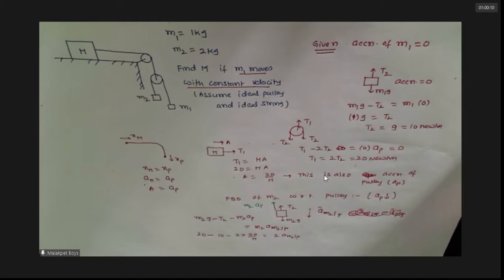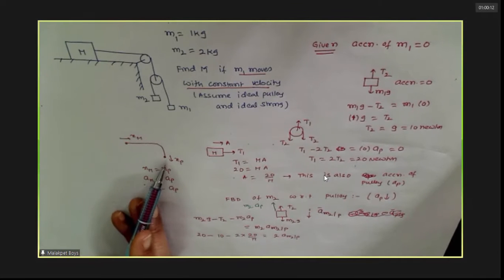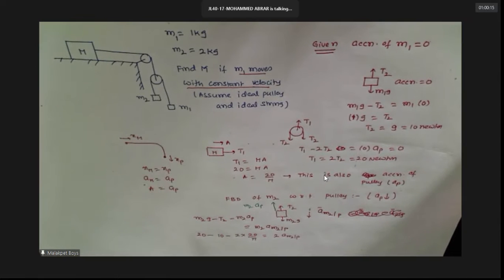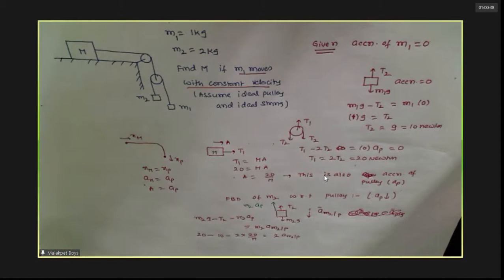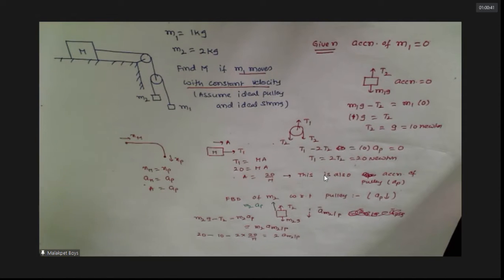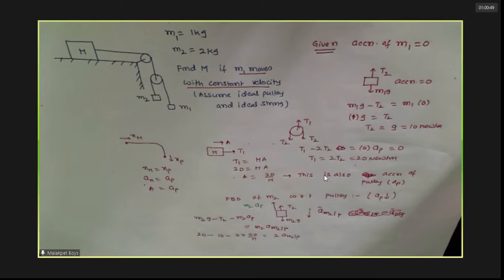I explained everything here, no? See? M equal to 4 kg. 8 kg he gave.